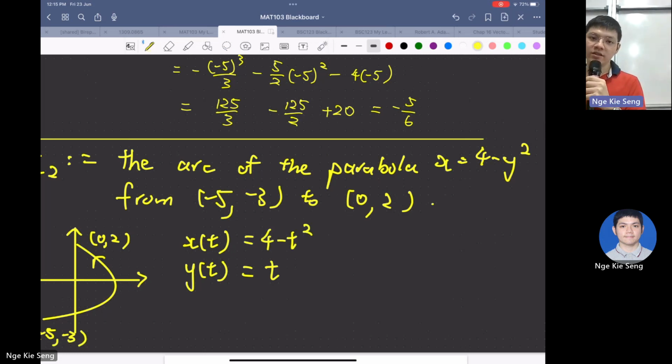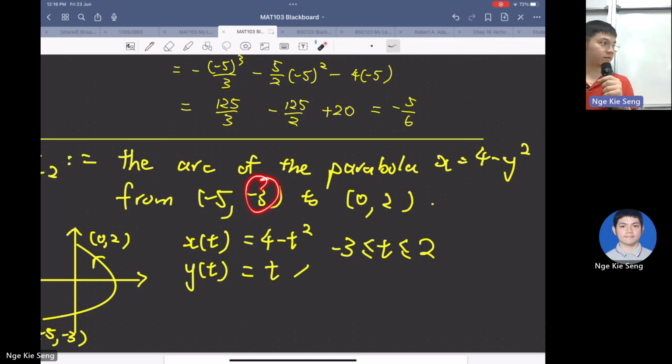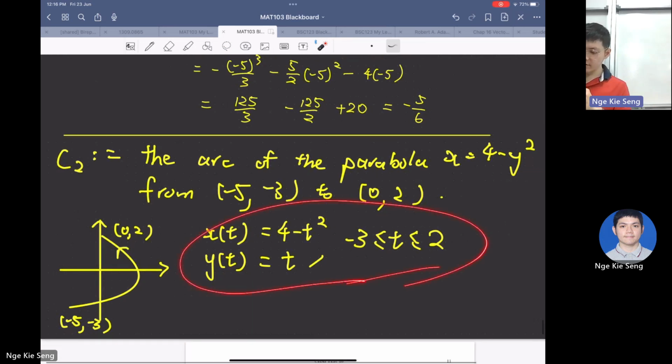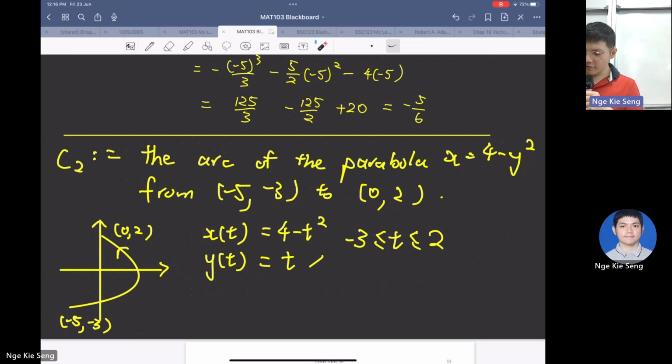So what's the range of t you need to take? The range of y is from -3 to 2, so t goes from -3 to 2. Let's do a sanity check on whether this gives the right points.